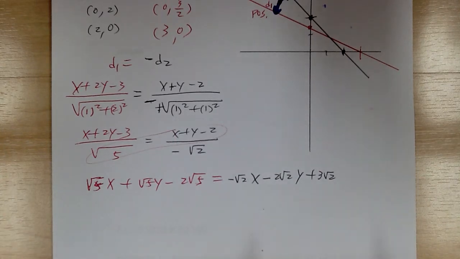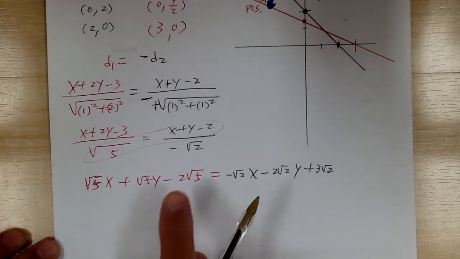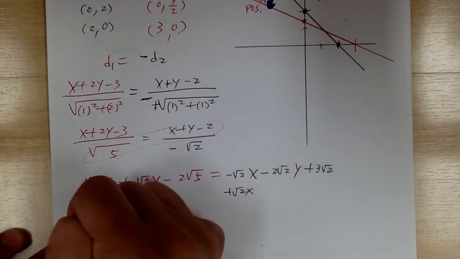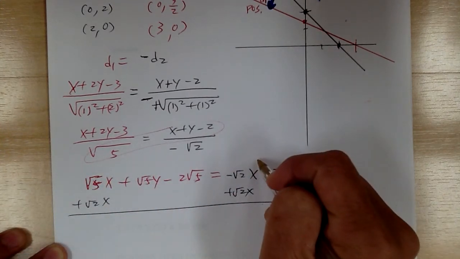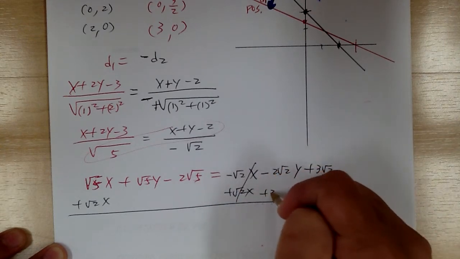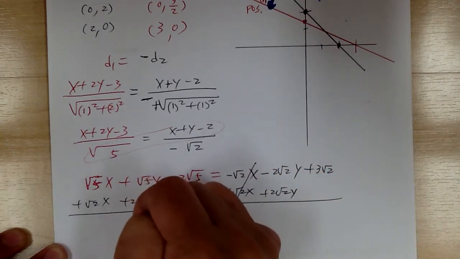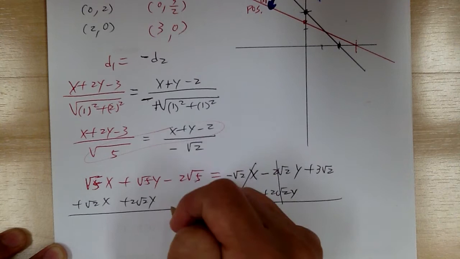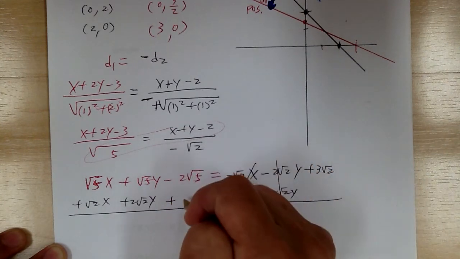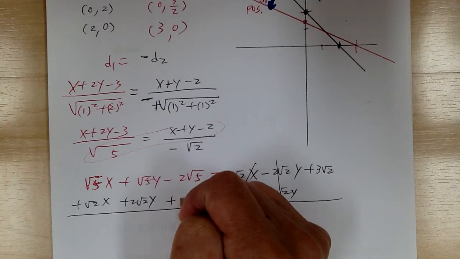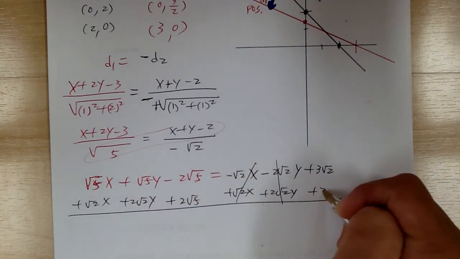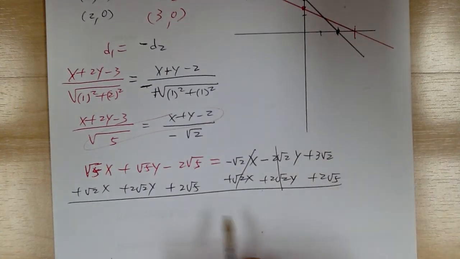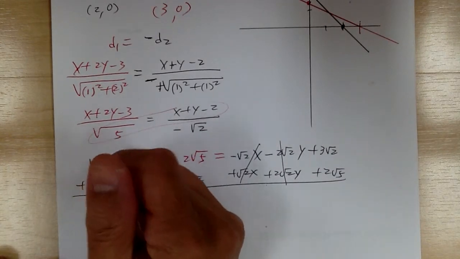Okay, next thing is go ahead and start to simplify. So plus square root of 2x plus square root of 2x. So this will cancel out. Plus 2 square root of 2y plus 2 square root of 2y. So this will cancel out. And then you plus 2 square root of 5 plus 2 square root of 5. Okay, so from here, again, you can go ahead and write it out.